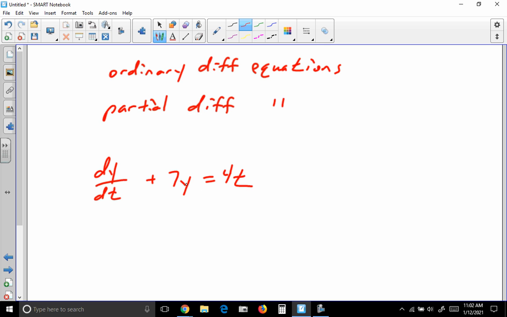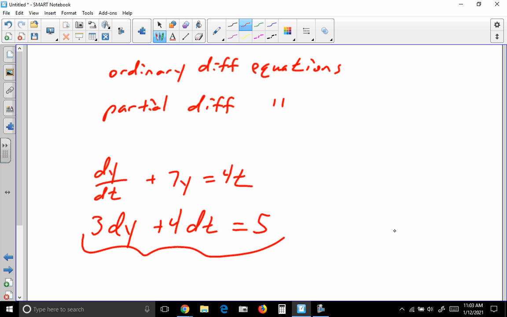We don't have a partial derivative in this. Sometimes the dy's and dt's are separated. We might have 3 dy plus 4 dt equals 5. Still, in that equation, it has differentials, but they're ordinary differentials. So both of these we refer to as ODEs, or ordinary differential equations.